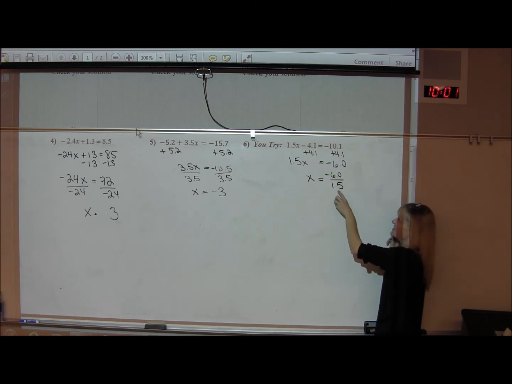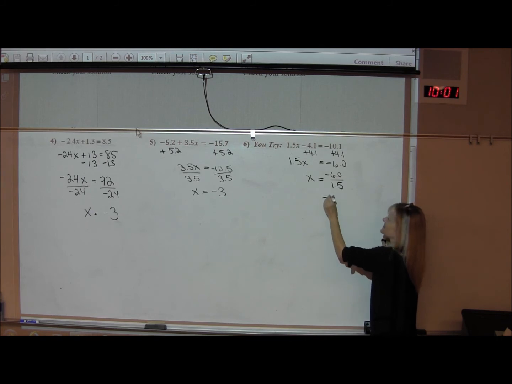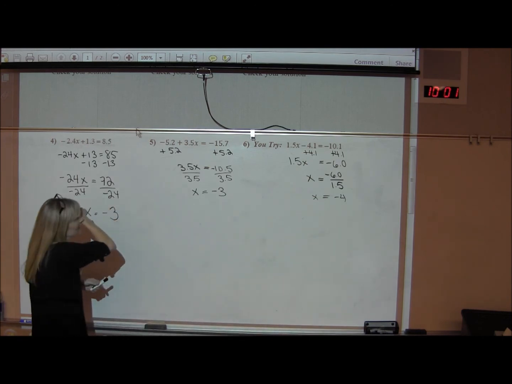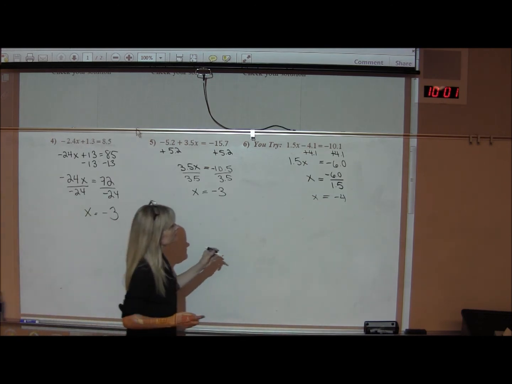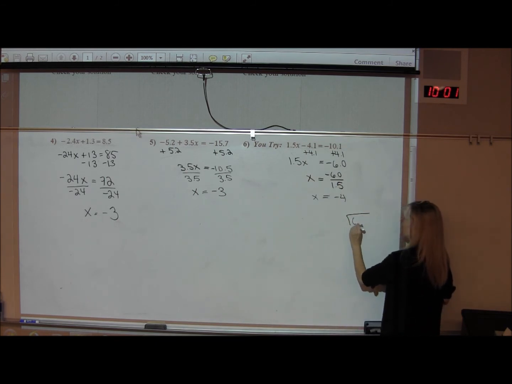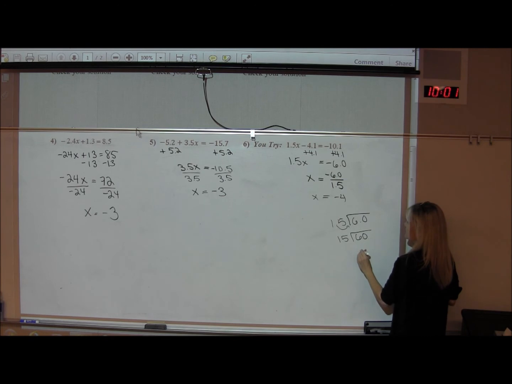So 1.5 times 4 must be 6. So this is negative 4. Okay. If it's easier, you can just divide the 6.0 by 1.5. And then when you move your decimals over, this is just 15 into 60. And that goes 4 times.